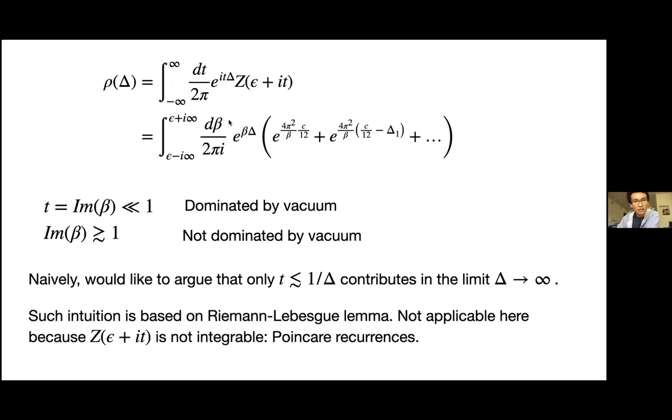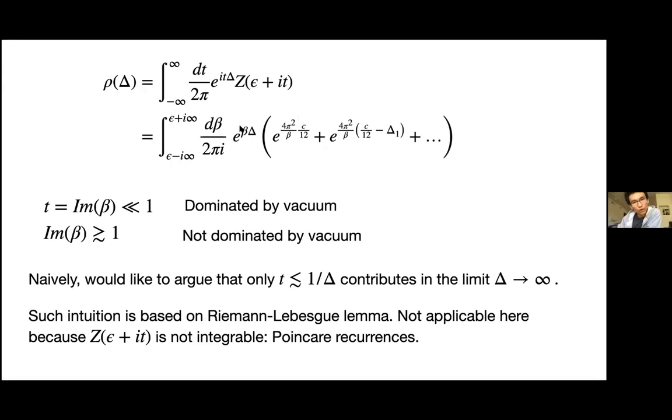I'm saying that this approximation by the vacuum is good only for small beta, right? But in the integral, we take delta to be large, right?